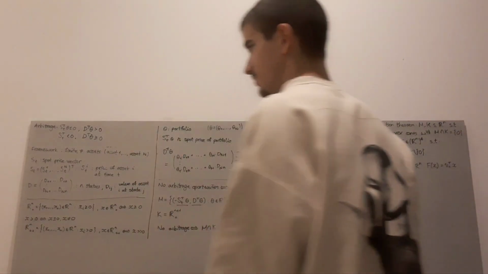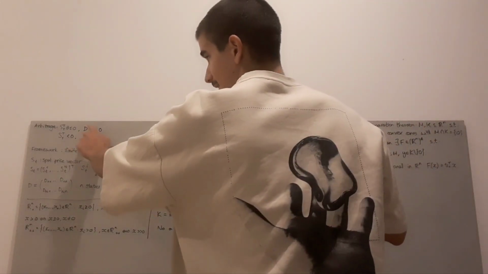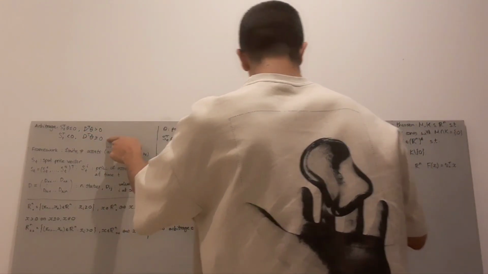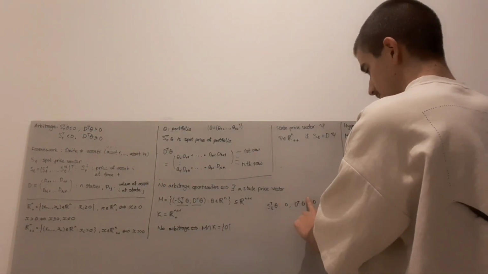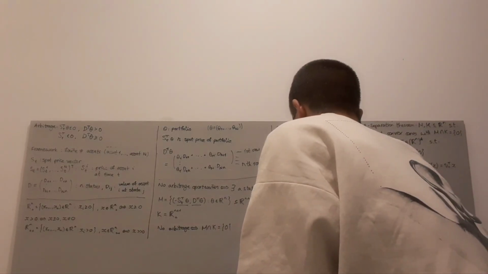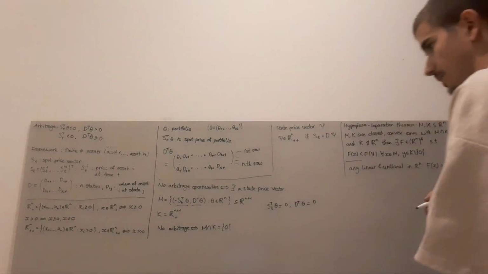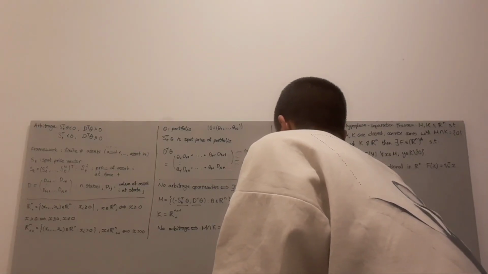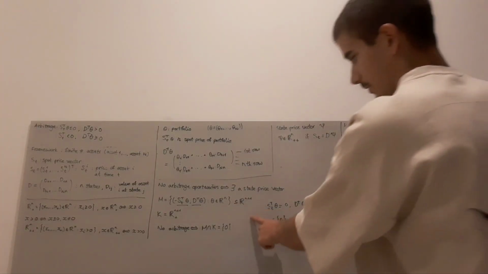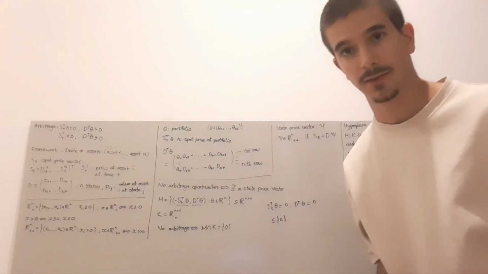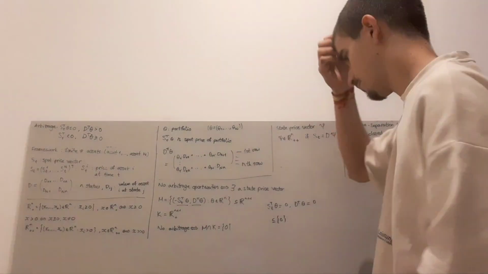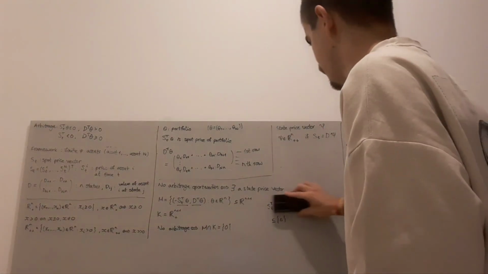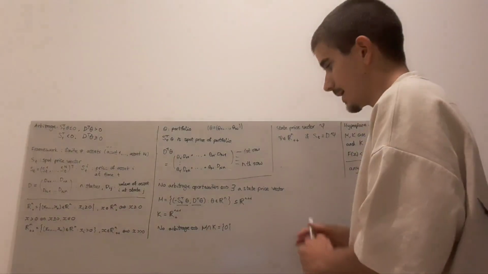But we have no arbitrage opportunity, so this can't happen and this can't happen. So we must have that both of these are equal to 0. So the intersection is contained in 0, and it also clearly contains 0 if we just take theta to be the 0 vector. So we've proven one direction, and the opposite is more or less the same thing.